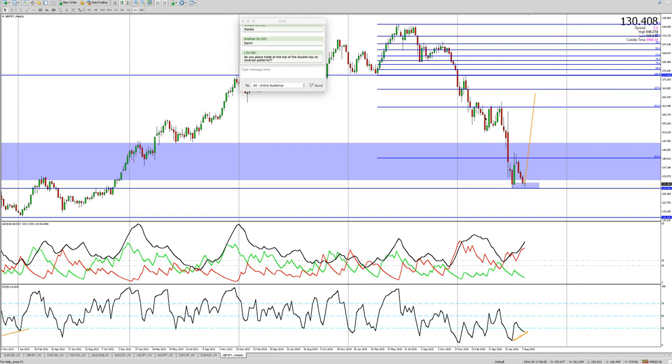What do you see here? Looks like a double bottom, but really it's a triple top. 1, 2, 3. Fails to break the high. I'm gonna answer your question in a second. Fails to break the high. Also does like a form of a double top. Market falls.